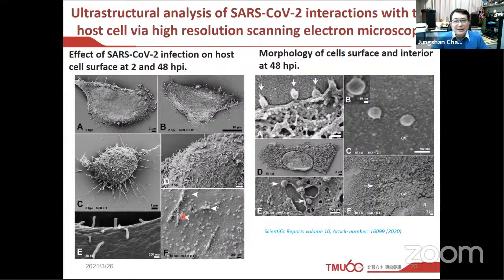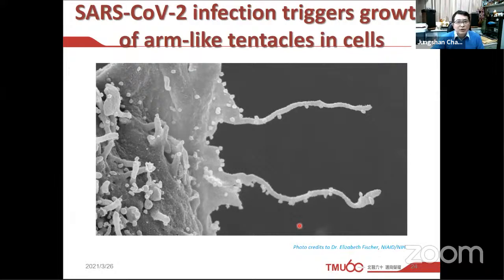Looking inside, you can see the virus budding out of the cell membrane, the endosome, and the fusion of membrane. That again tells the possible life cycle of this virus. That's what I'm trying to say: a pseudopodia or tentacle structure in the host cells after infection by the virus.